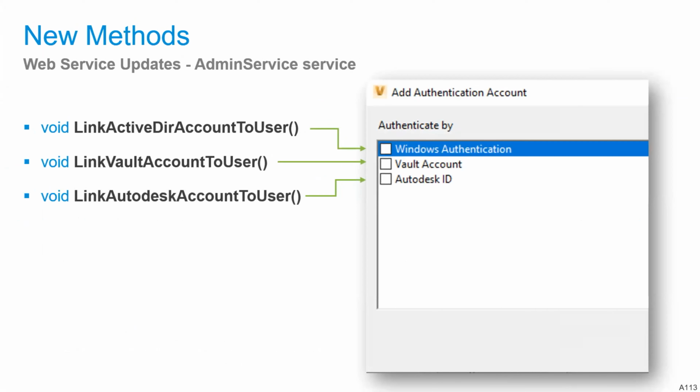And here is the Vault client UI responsible for previous methods. So if you want to assign any account to the user from Vault UI, you need to go to add authentication account for some user and check some checkbox in this dialog.